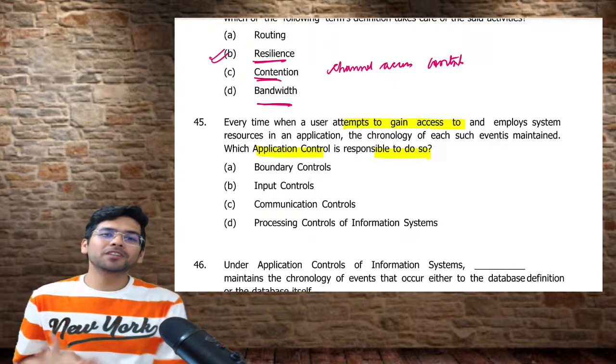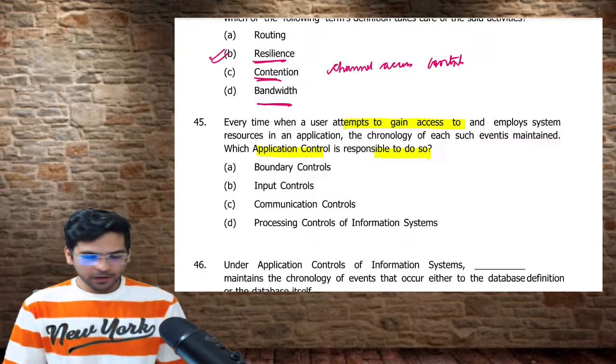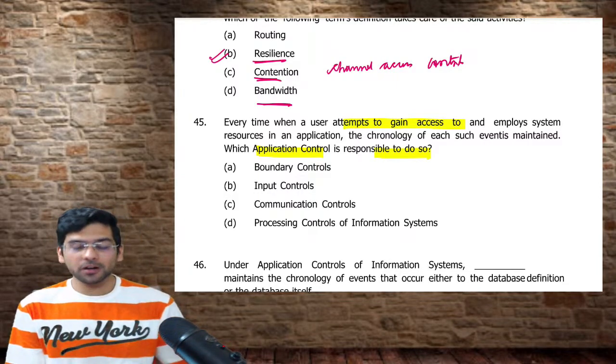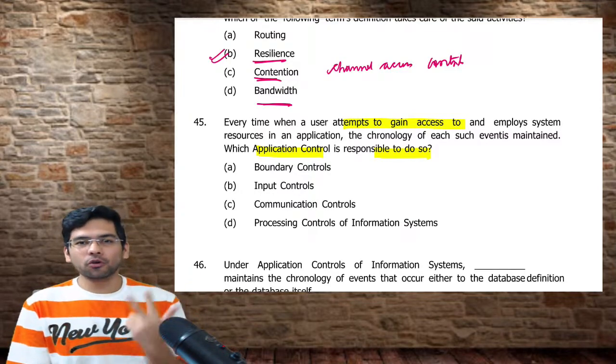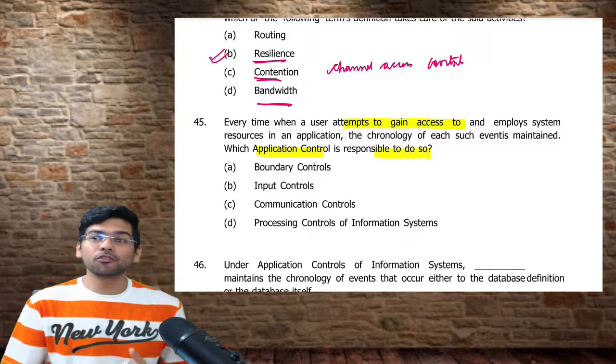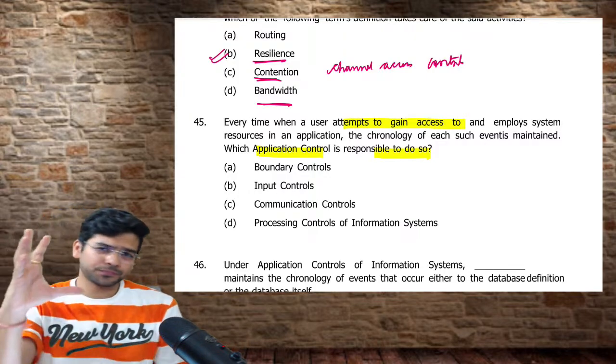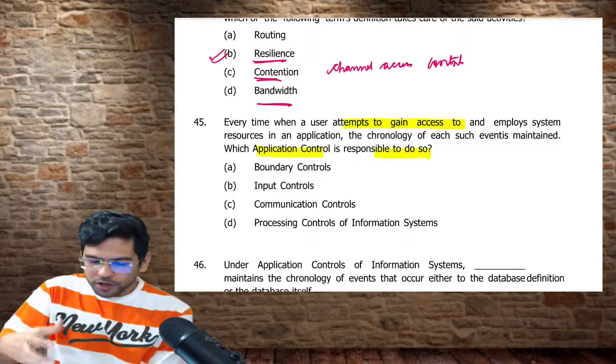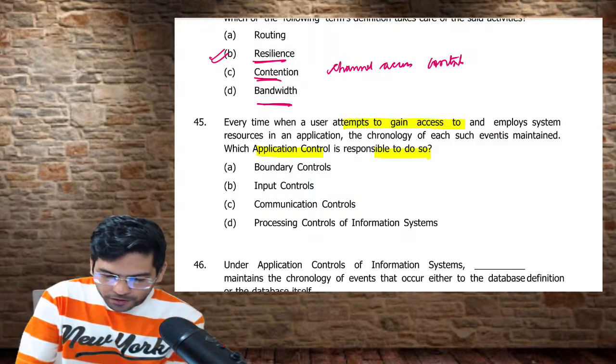So this is a question with respect to application controls. If you remember, guys, we have boundary controls, input control, processing control, communication control, then database control and output controls under application control. Which particular control are they referring to in this question?